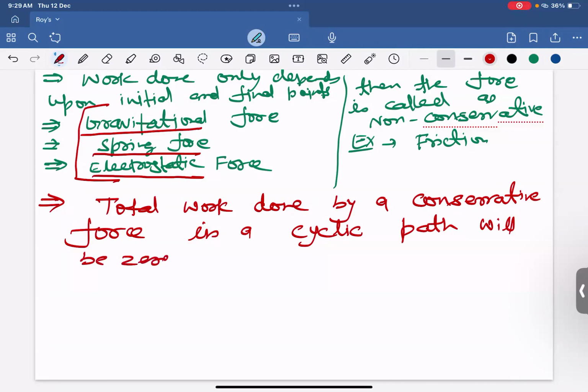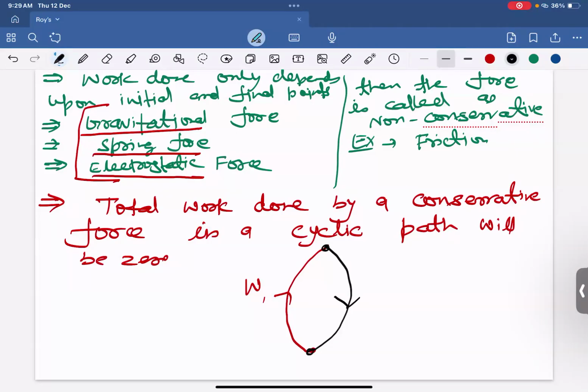What I mean to say is, let's suppose I take one particle and do some work, then bring that same particle back to its initial position. In this process the work done will be the same, because work done does not depend upon the path.